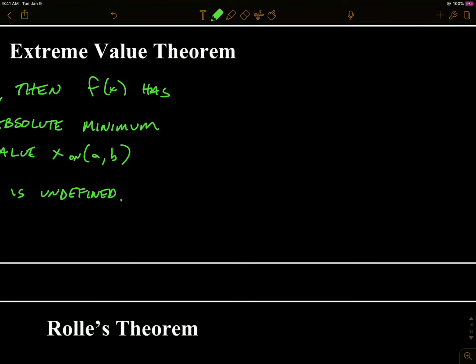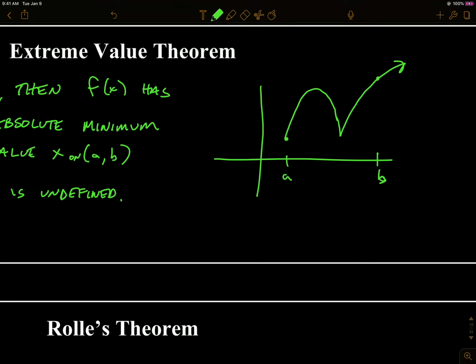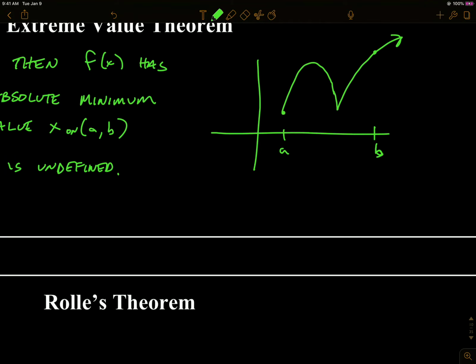So we're kind of saying that we've got this interval from a to b, and maybe the graph looks like this. Let's say it's a, we've got a b, and then we've got a graph that looks like this. So we're going to say that there's a relative extrema here at c, and there's also a relative extrema here at d.